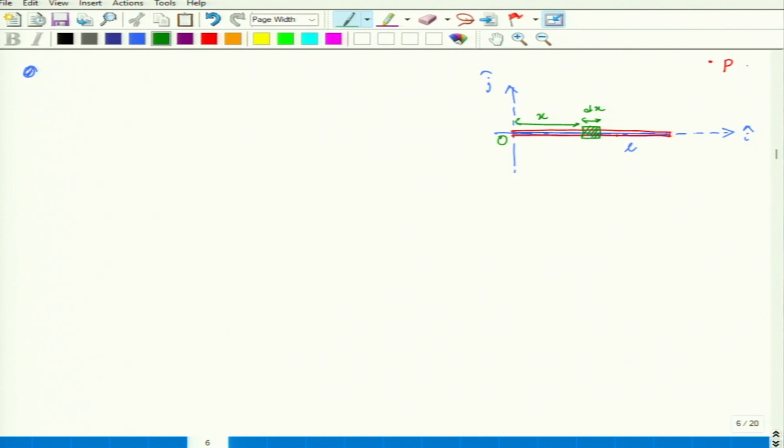We calculate the electric field at point P due to this element, and the distance from the element to P is r.